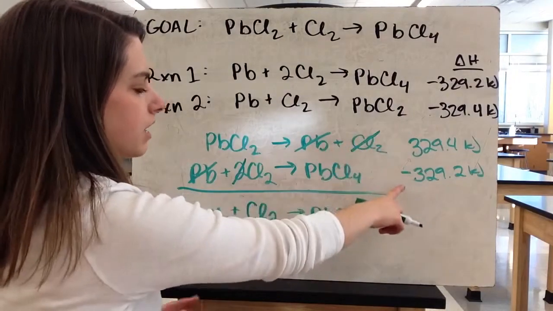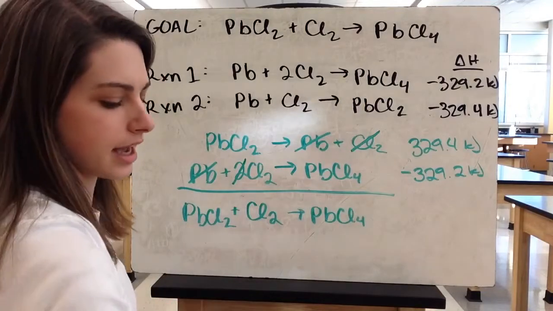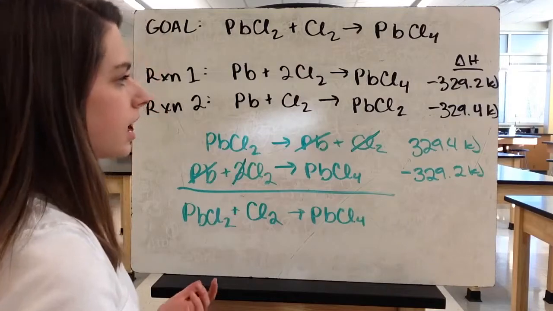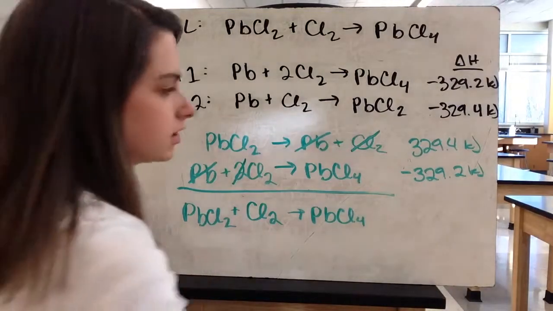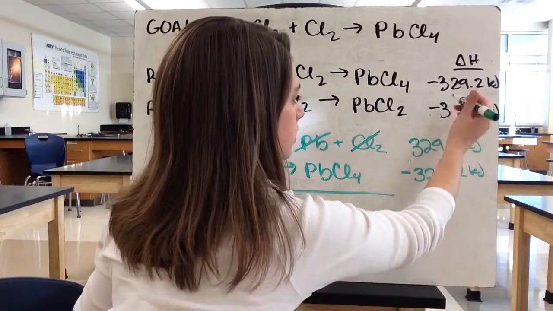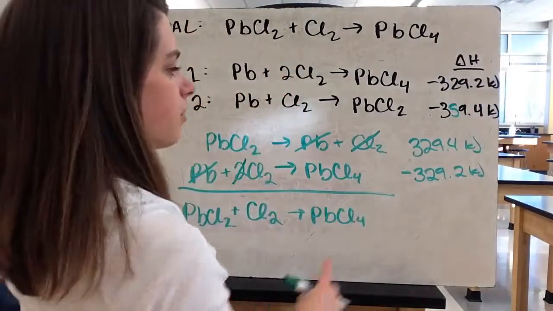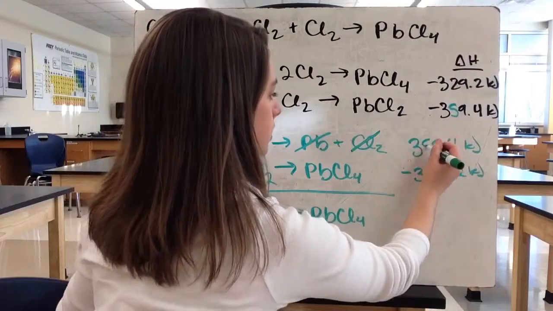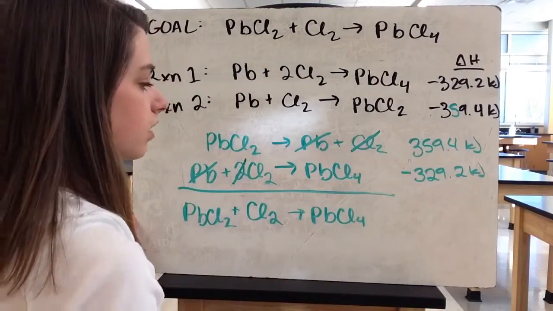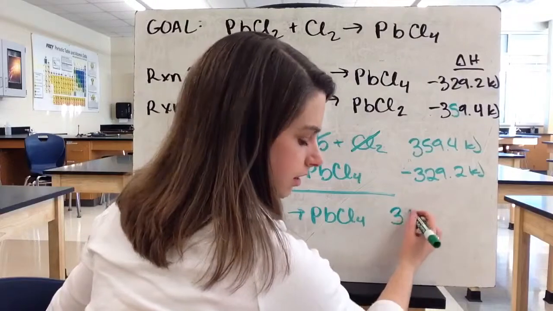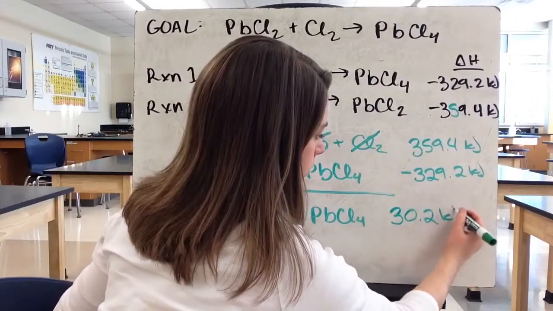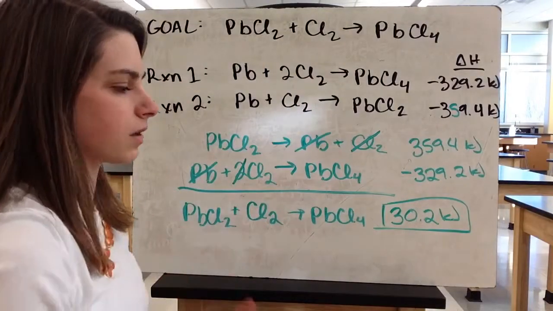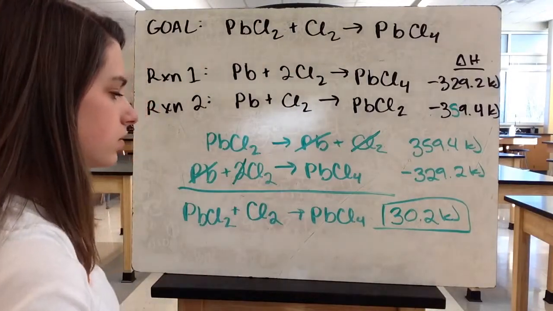Now I'm going to add my delta H's together, and you should get an overall, I copied something down wrong again, should be 359.4, goodness, 359.4, because you should get an overall positive 30.2 kilojoules of energy. So this is an endothermic reaction that requires an overall 30.2 kilojoules of energy to make it happen.